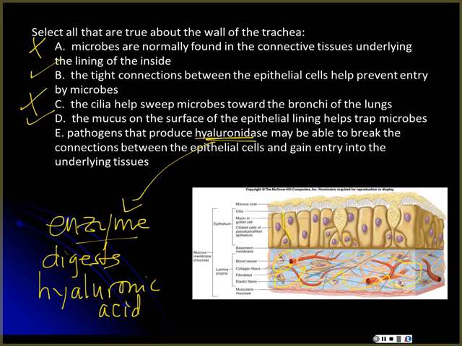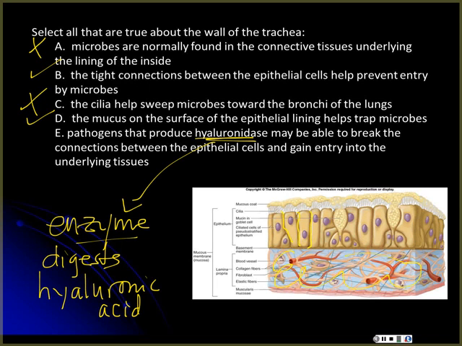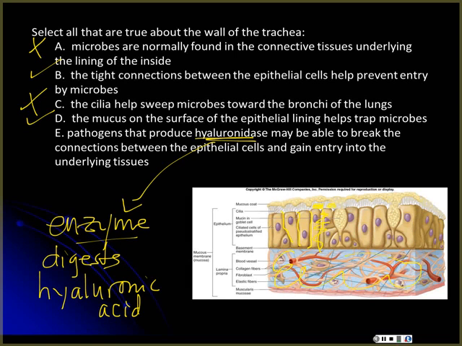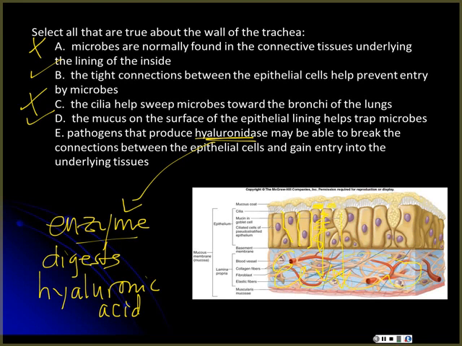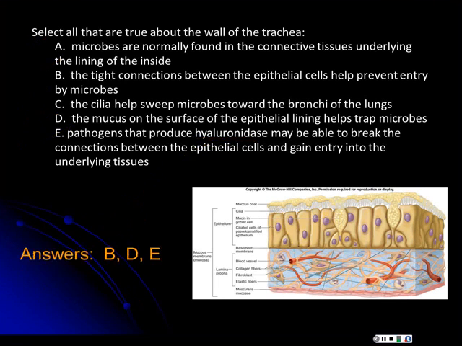It's kind of like a tissue glue that would be present in here. So if you're a pathogen and you're up here and you can digest that tissue glue, it's going to help you invade deeper down in here where you're not supposed to be. So that one would be true.